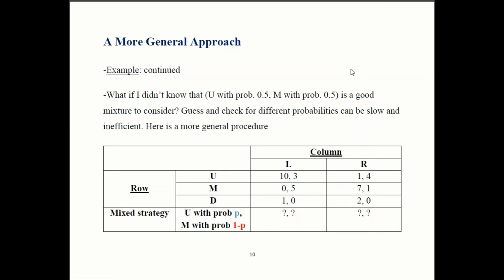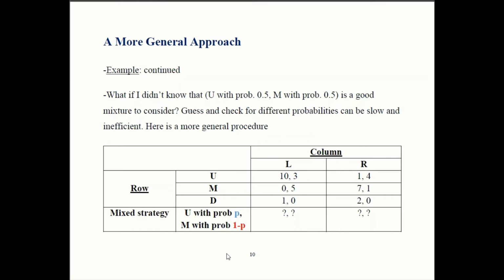So here's the method. Let's say more generally, you're playing U with probability P and you're playing M with probability 1 minus P. If you just guessed different probabilities like 0.5, 0.5, you might get lucky and find one that works. But if you're not lucky, you could be guessing a lot and doing a lot of checking and wasting a lot of time, and this ends up hurting you.